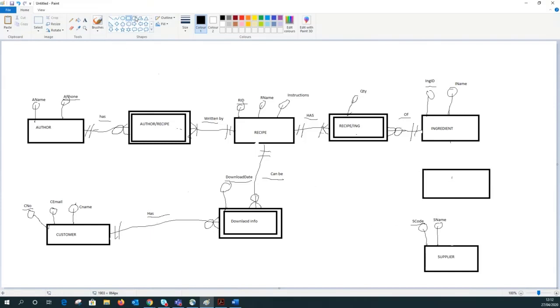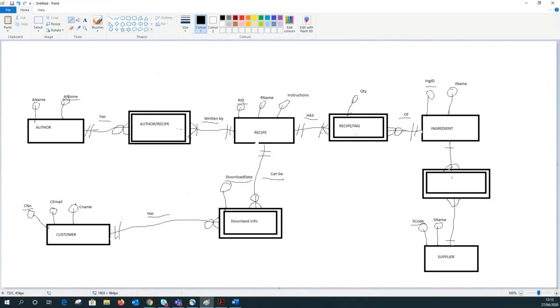Okay, let me attach a weak entity. Right, attach the weak entity. So we link these entities, we link here, and then as a rule, as I mentioned before, many end attached to the weak entity side, but one end attached to the other side. Right, so what is this actually we are going to record?